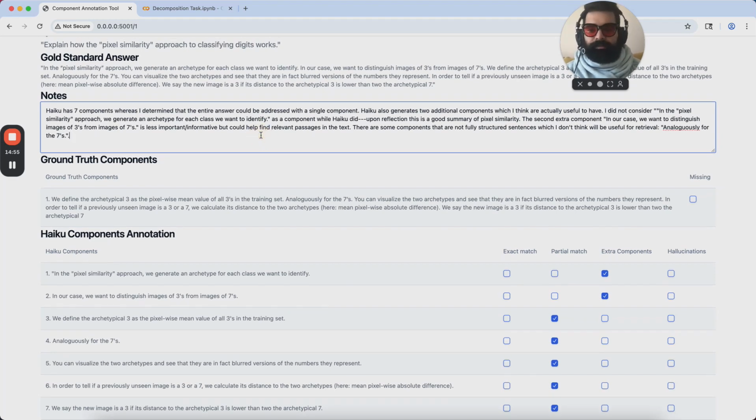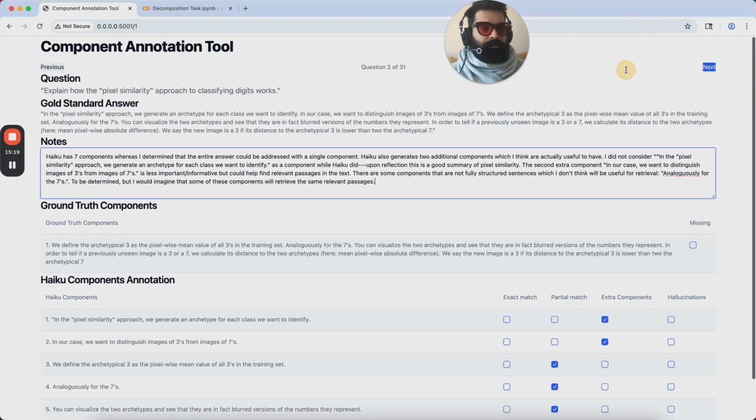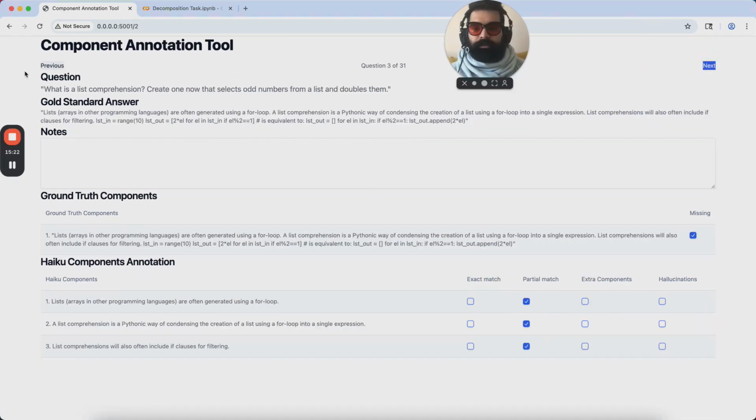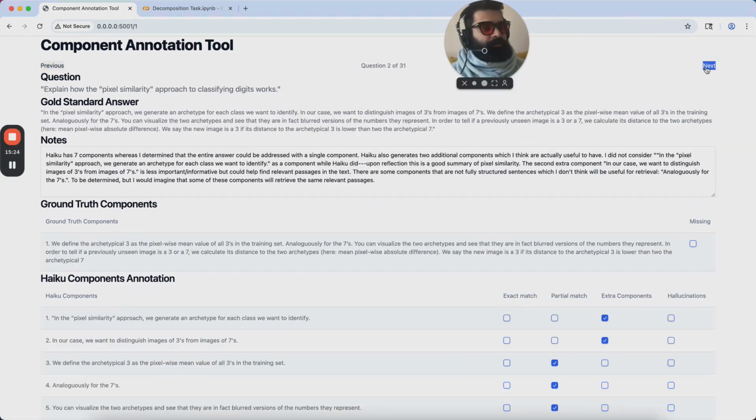And then the last thing I'll say is to be determined, but I would imagine that some of these components will retrieve the same relevant passages. So we might have some duplicates in this process. Cool. And I'm going to check that it's saved.